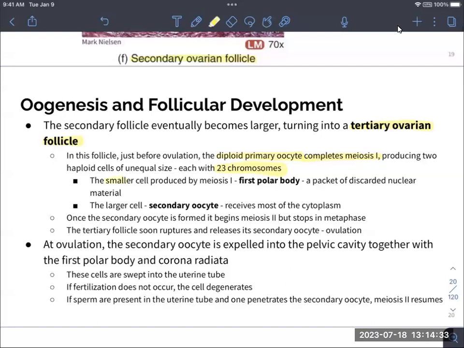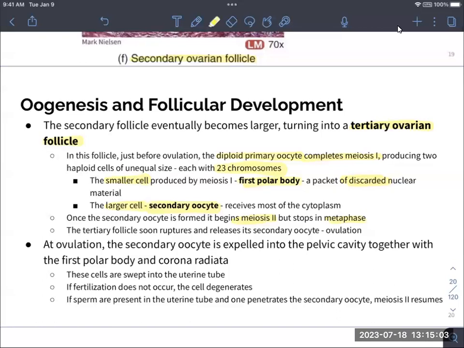We get a smaller cell and a larger cell out of this. The smaller cell becomes the first polar body. That gets discarded; we don't need that smaller cell. The larger cell becomes that secondary oocyte. This secondary oocyte begins meiosis 2, but it stops at metaphase and waits.